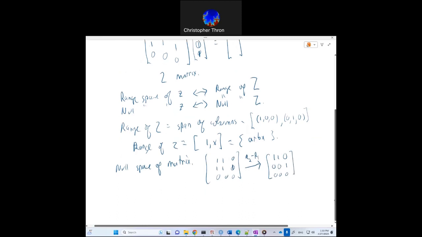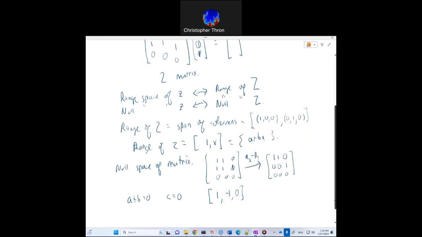If we change this into equations, that would be the same thing as saying a plus b equals 0 and c equals 0. So for instance, this is the span of 1, minus 1, 0. Pretty clear that I could choose b as minus 1 and then a would be 1.